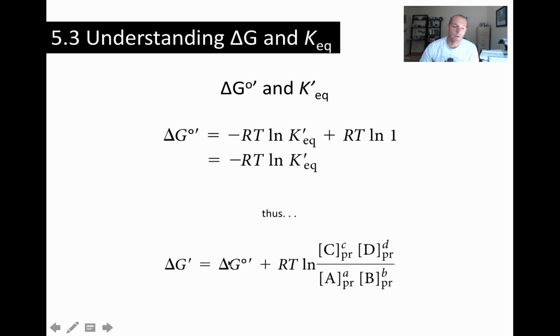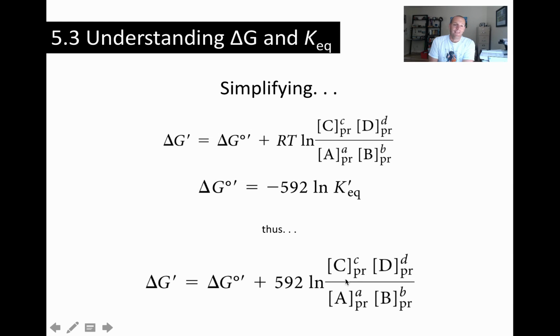So delta G prime is the standard free energy change plus universal gas constant times temperature times the natural log of the products under prevailing concentrations over the substrates under prevailing conditions. And that gives you delta G prime. So you can get all the way here from the equilibrium constant, and knowing the prevailing molar ratios of substrates and products in the cell.